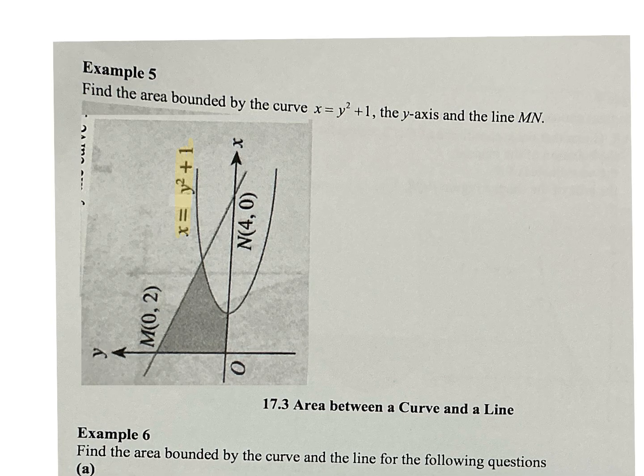You can just use 2, 0. From here, but my curve is not here. My curve is only starting from here. So if I want to find the area under the graph, I need to find what this value of y is first. Then I integrate from 0 to this value. Then I can find the area under the curve for this part.